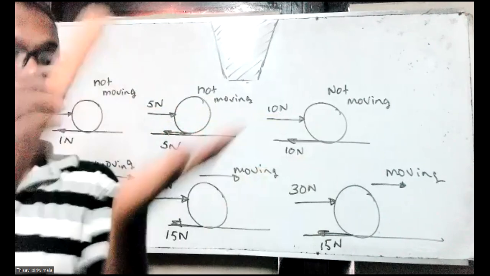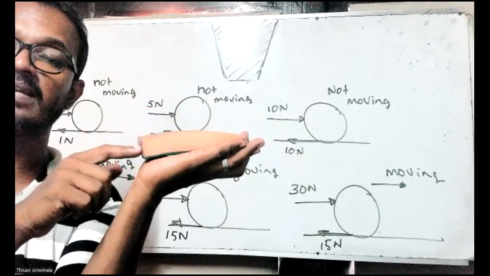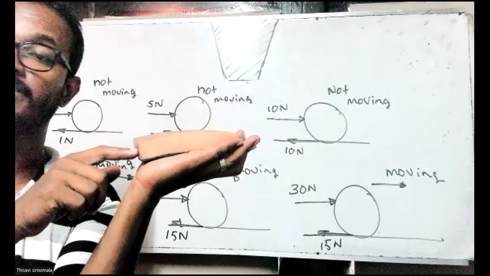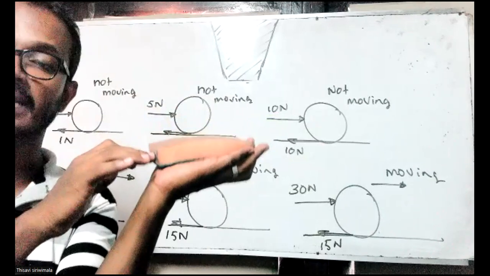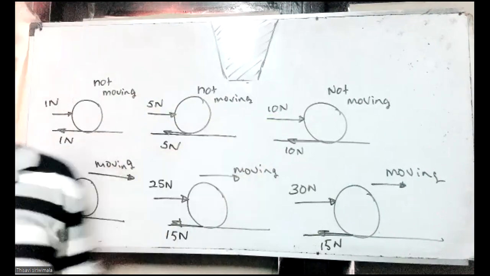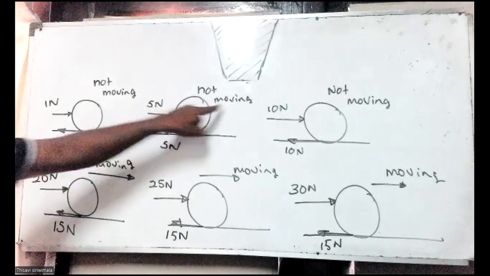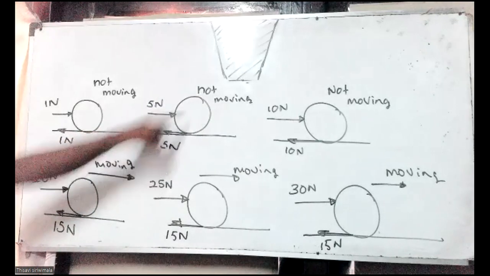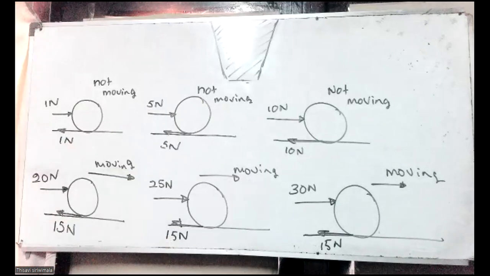And if I am applying a force and it has a tendency to move, still not moving, then again friction will be in the opposite direction. There's a tendency to move, but still not moving, then friction is there. Or else, when it is moving, again the friction will be there.